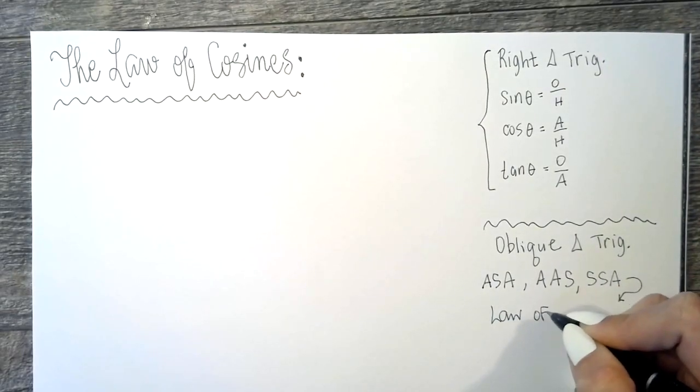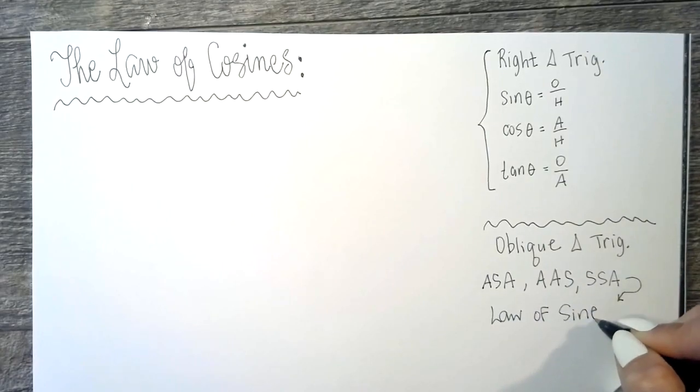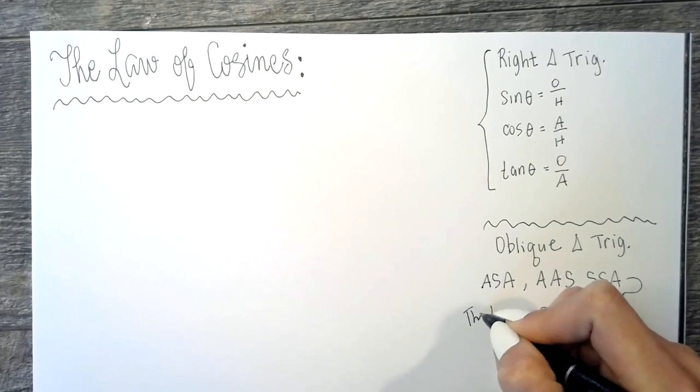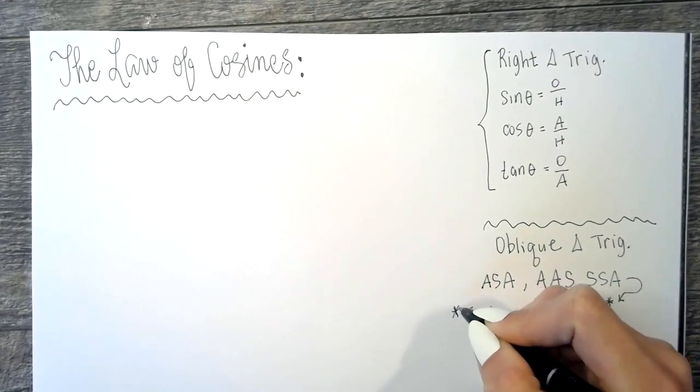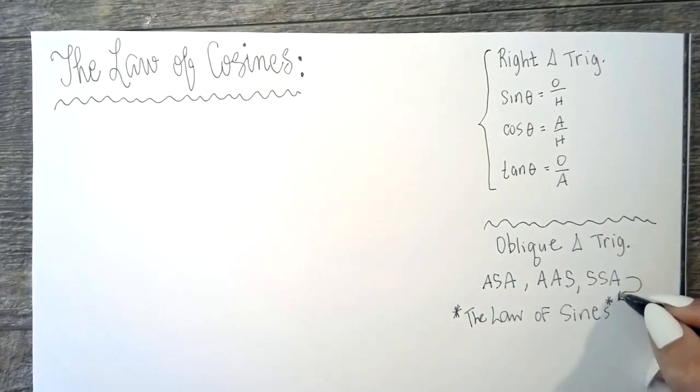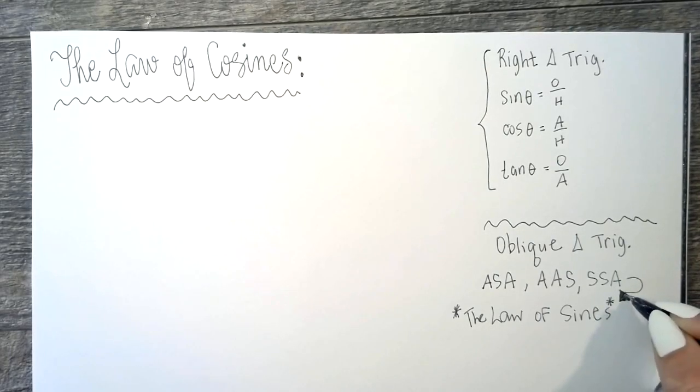I'm not trying to be ridiculous, but we use the law of sines on these types of oblique triangles. In the first two triangles mentioned, we were solving for side lengths. And in the third triangle mentioned, side-side-angle, we were solving for an angle first. We had to put the trig in the numerator and use trig inverse. Don't forget about trig inverse.